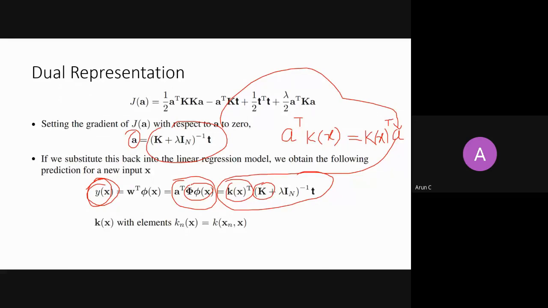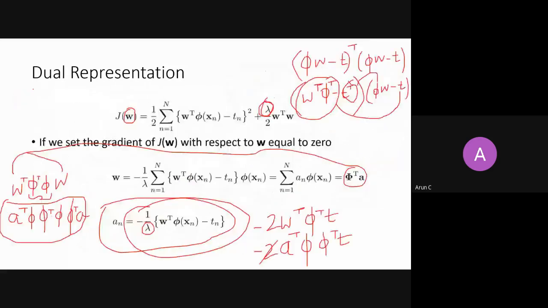So the main intuition here is that in dual representation, you are writing everything in terms of the samples in the data set, where samples are present in the form of a dot product, and that dot product you are saying is a kernel function k. I showed you here somewhere.